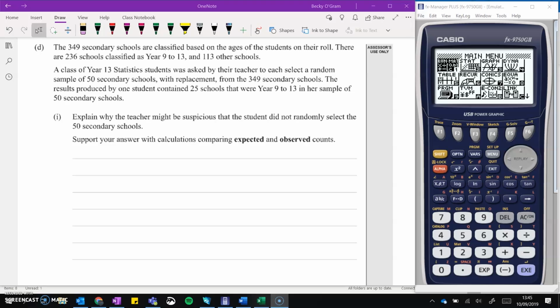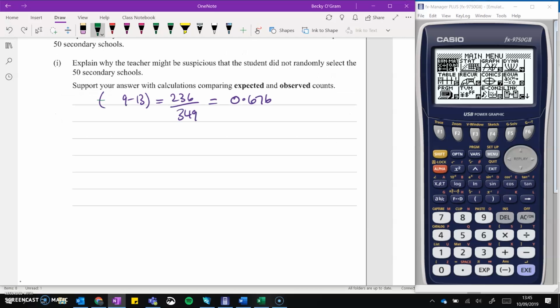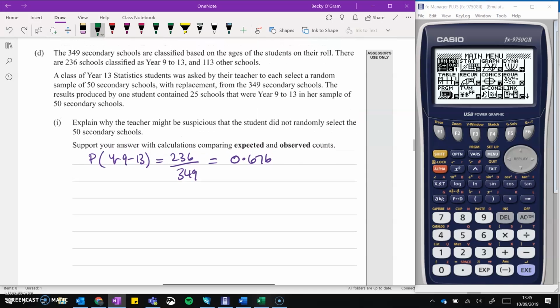So there are 236 schools altogether that are classified as 9 to 13 out of 349. So the probability of picking a school that is in year 9 to 13 should be about 236 over 349. It makes a proportion of approximately 68% of the total types of secondary schools.